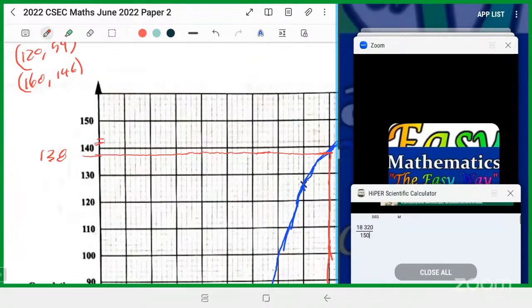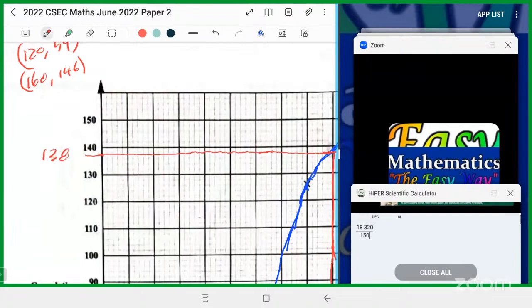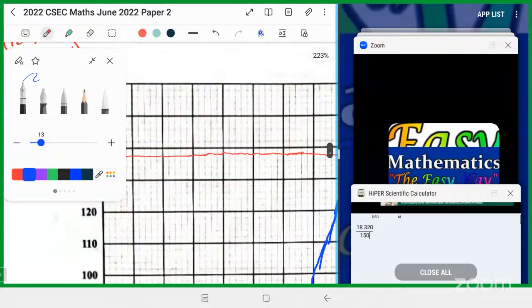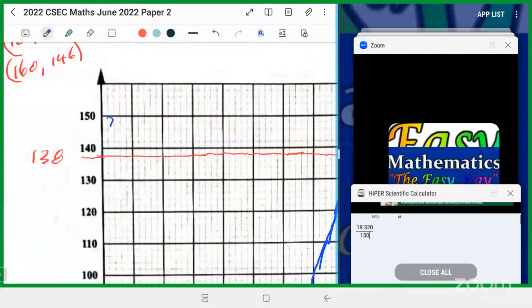So 138 measure less than it, but the question is asking us for who measure more. So we're talking about up here. 150 minus 138. That's what we want. What is that? 12.